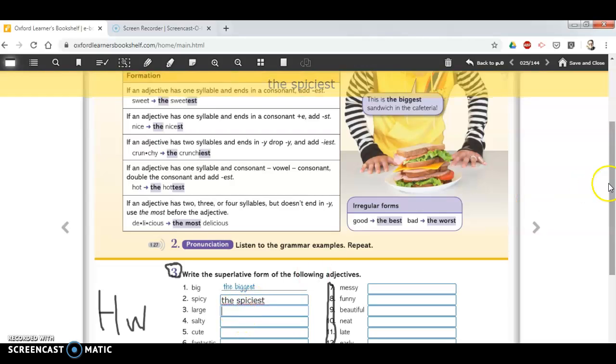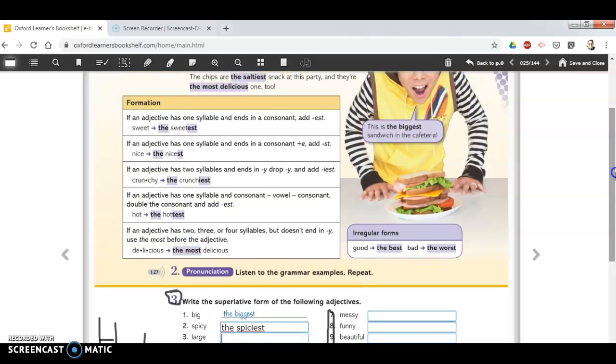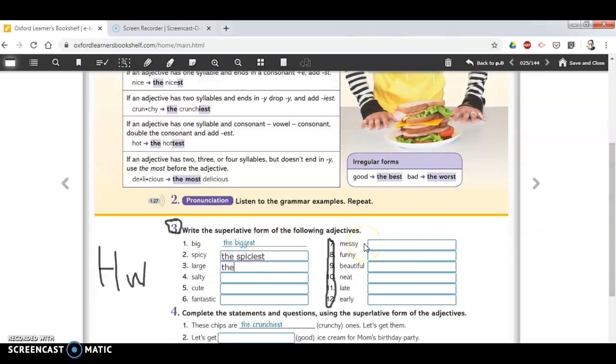Large. Let's see the rule for large. Large is 1 syllable. Oh, it's this one. 1 syllable and we have a letter E at the end, so we only add ST. The largest.